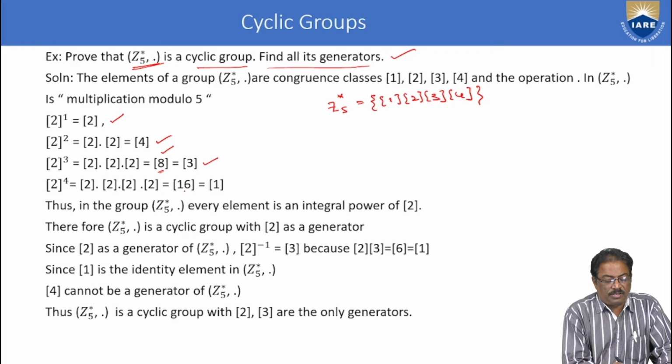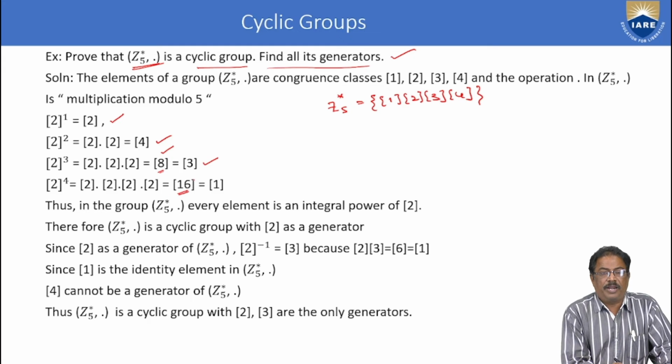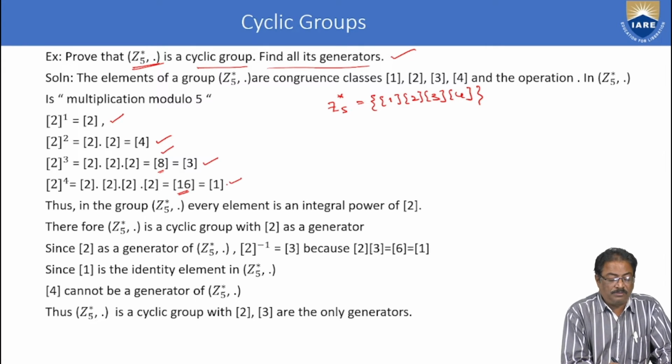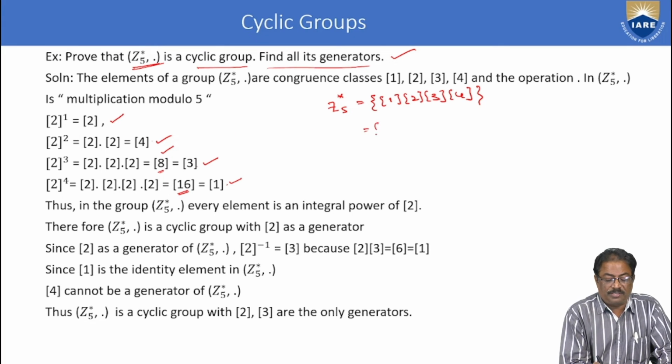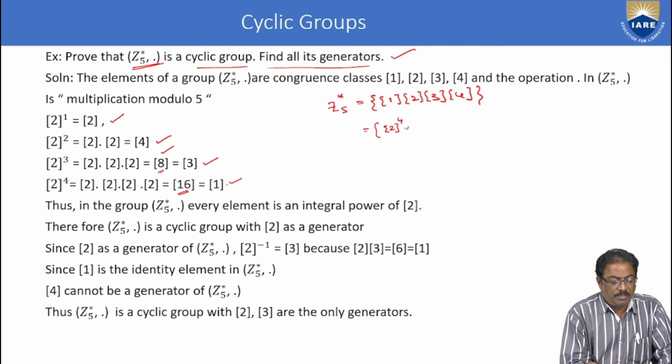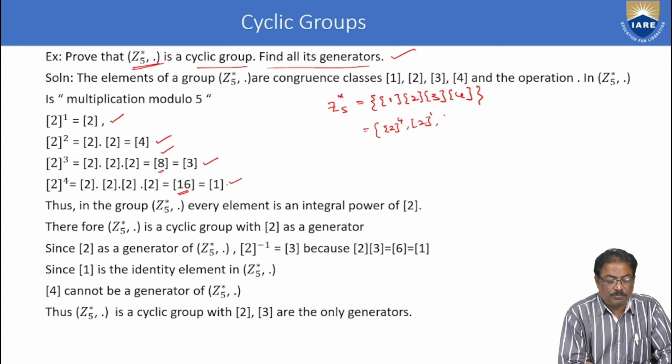And 2 power 4 is 16; divide by 5 and the remainder is 1. So 1 is 2 power 4, 2 is 2 power 1, 3 is 2 power 3, and 4 is 2 power 2.